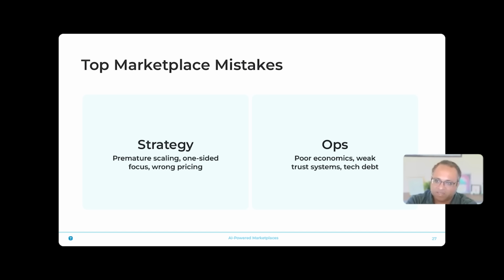Things are bound to break at some point in time. So one of the other side effects of moving fast is you will incur tech debt, and then you might end up having a bad trust system in your marketplace. So think about the side effect. There are pros and cons for everything in life. So this is a con.